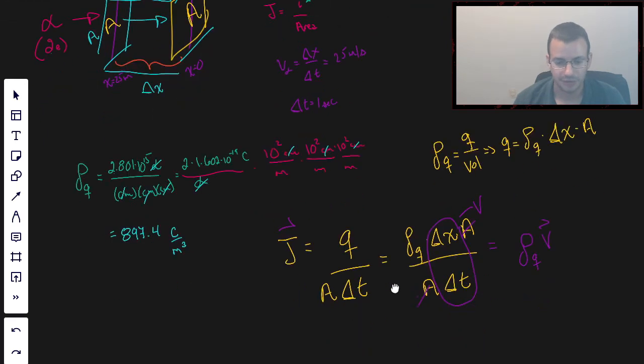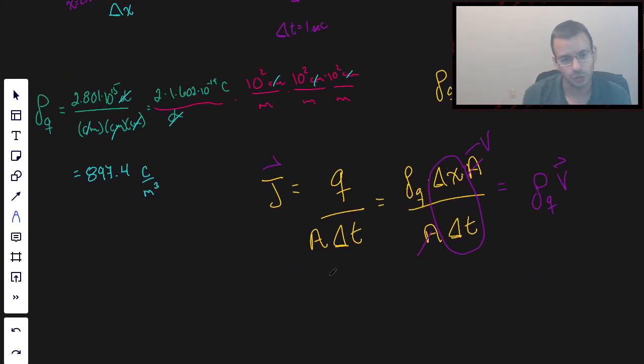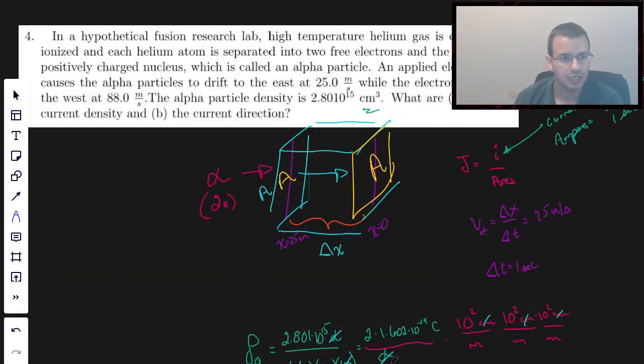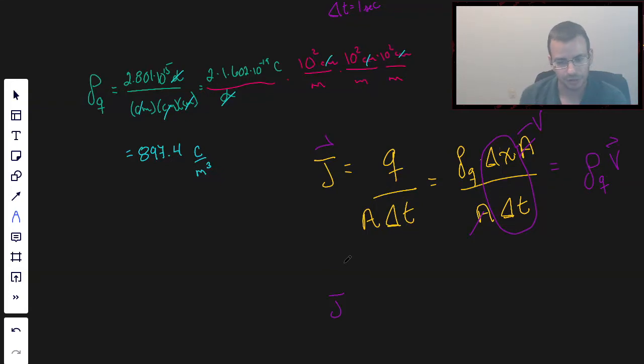All right, so now we have our formula. We're going to work with it. So the current density for the alpha particle is going to be the charge density, 897.4, times the velocity of the alpha.